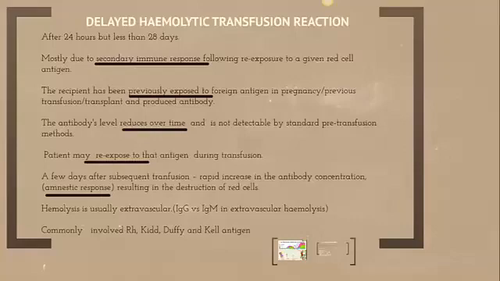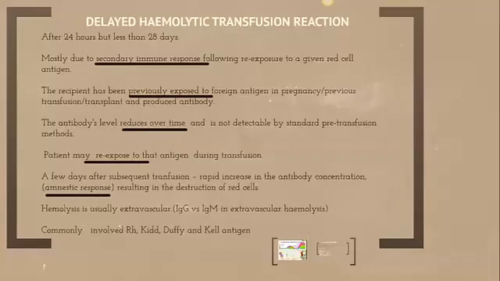During transfusion, the patient may be re-exposed to that antigen if the donor red cells have that antigen. After a few days of that subsequent transfusion, there will be a rapid increase in the antibody concentration, which we call amnestic response, and this will result in the destruction of the red cells because the antibody will attack the red cells antigen on the donor red cells, and this will cause lysis of the red cells.